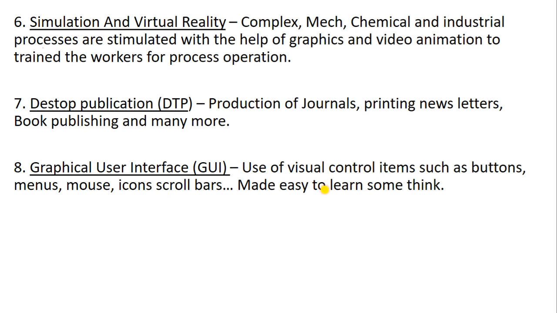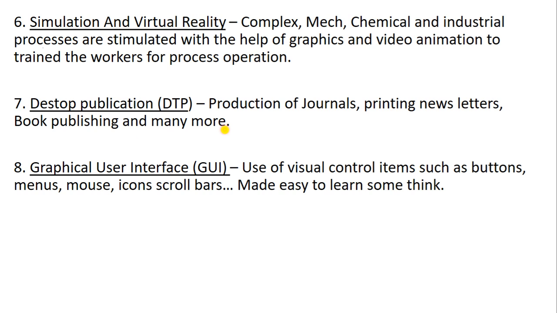So let's move to the next point, that is point 7, desktop publications, which in short form we can also call DTP. In desktop publications also we can use graphics, such as production of journals, printing newsletters, book publishing, and many more things.